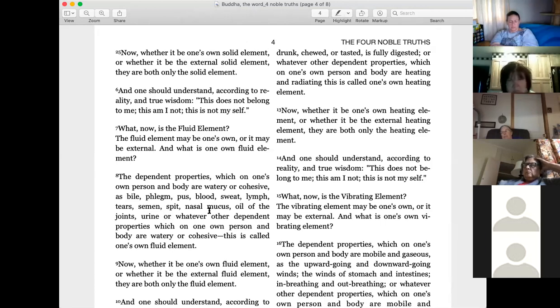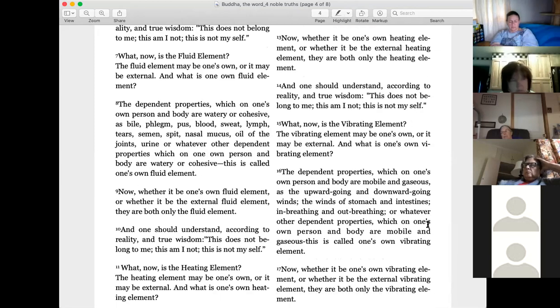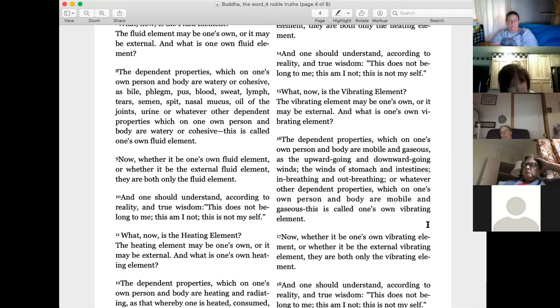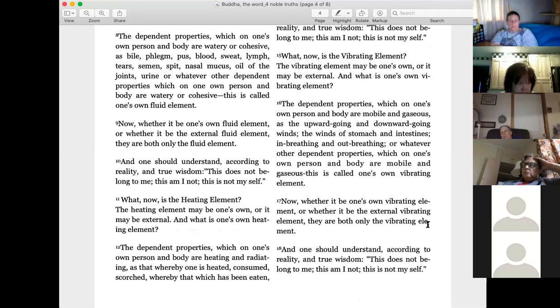And then the vibrating element, or what we more commonly think of as the wind element, are the gases that are formed in our bodies, the breathing in and out of the air. All of those things are also part of the gas or wind or vibrating element.